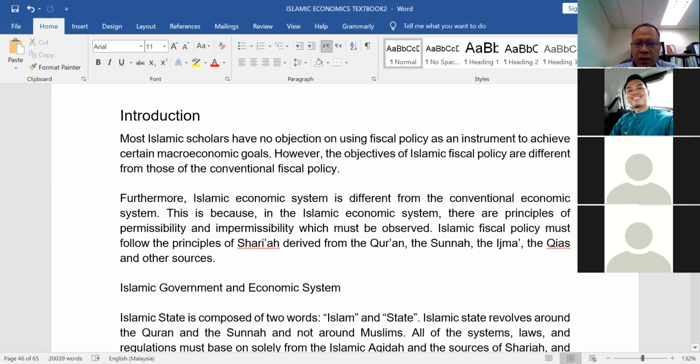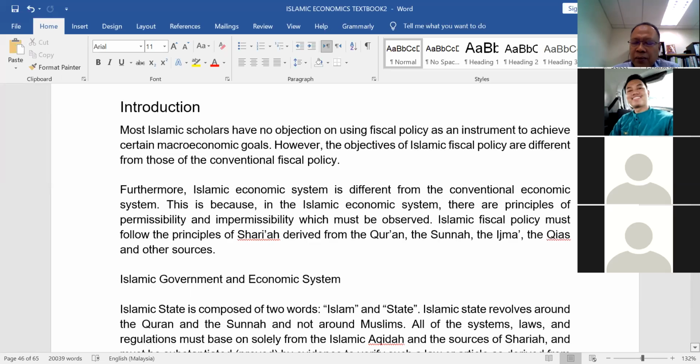This is because in the Islamic economic system there are principles of permissibility. Ada hukum mengenai halal, ada hukum mengenai haram, permissibility and impermissibility. Kalau konvensional dia tak ada konsep halal, tak ada konsep haram, tak ada konsep akhirat. So dalam Islamic fiscal policy dia ada konsep halal, ada konsep haram, ada konsep akhirat.